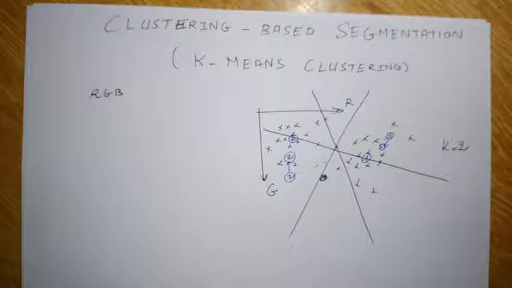What I mean by the best result is the 2 clusters that have, you can define some criterion. You can say the best result is the one where the clusters have the smallest variance. This can be a criterion to choose the best result.